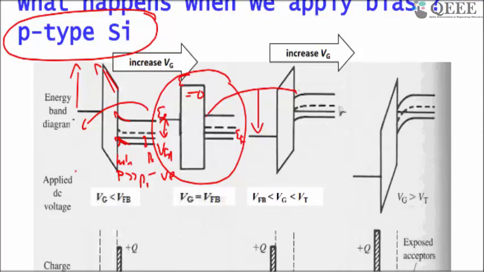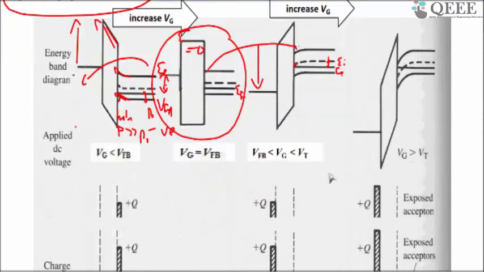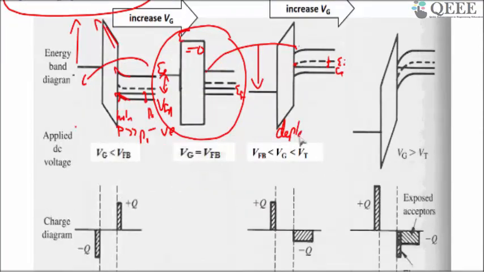You can see this is the EI and this is the EF. This delta is small here, which means the amount of holes is being reduced at the surface compared to the bulk. This is known as depletion.